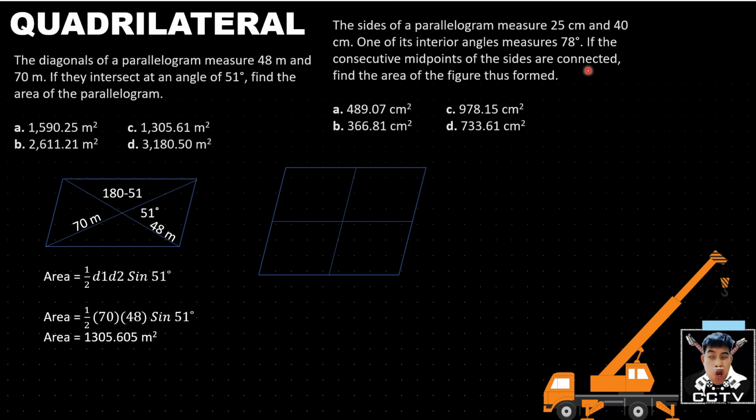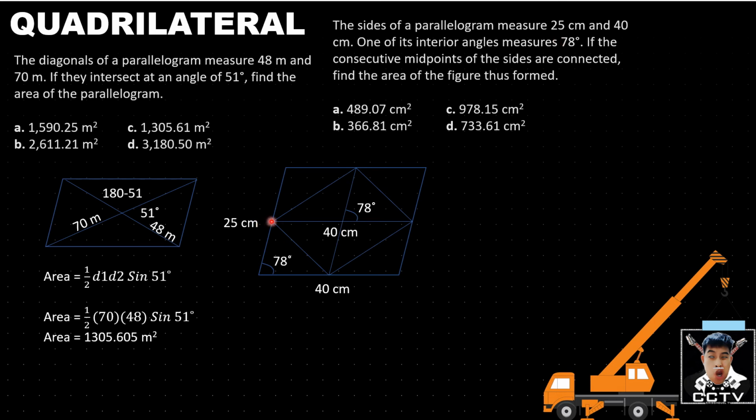We are given the sides of the parallelogram, which are 25 and 40, and one of its interior angles measures 78 degrees. The consecutive midpoints of the sides are connected. Find the area of the formed figure.